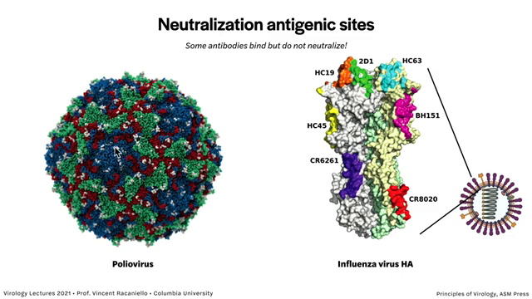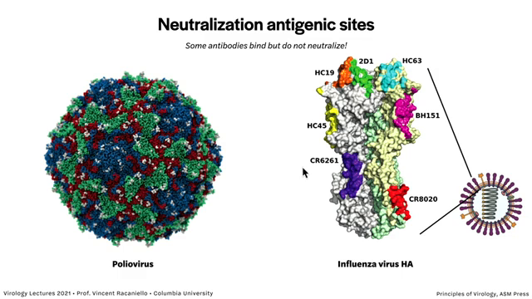So you can see there are a series of them around the 5-fold axis, around the 3-fold axis as well. They're limited numbers. And those white areas are where neutralizing monoclonal antibodies will bind. So you can see the one around the 5-fold axis is repeated 5 times, and that makes perfect sense, right? Because there are 5 copies of VP1 or whatever the structural protein is around the 5-fold axis.